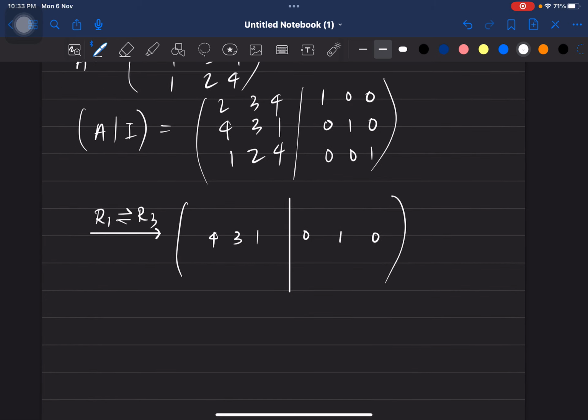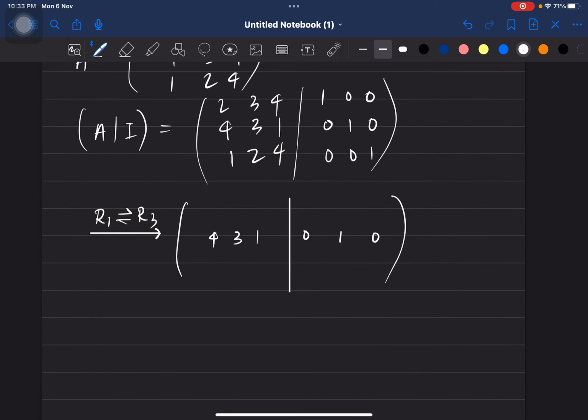Of course you get 0, but you must check so that you don't make any mistake. 2 and 3, and then 4 and 4. Zero and 1, -1, 0 and 0, 1 and 0. Okay, settle, 1 0 0 already.